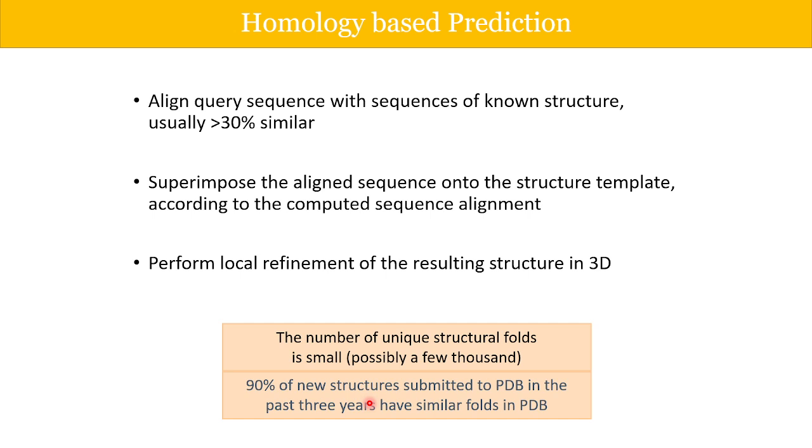But now, homology-based prediction is a very old-age thing. You can just give the sequence as input to AlphaFold, and it gives you back the structure in a few minutes.